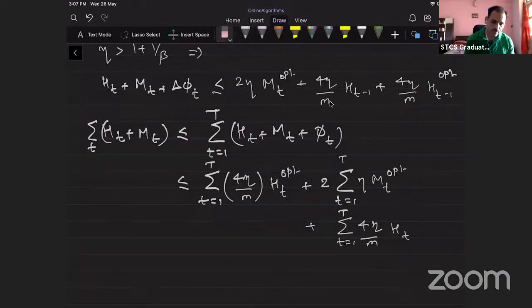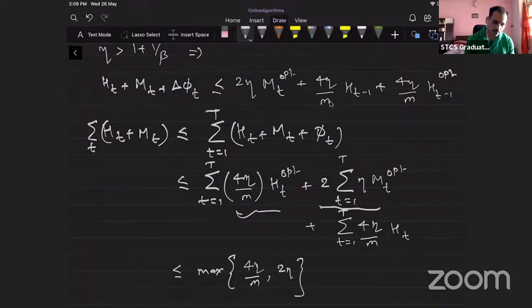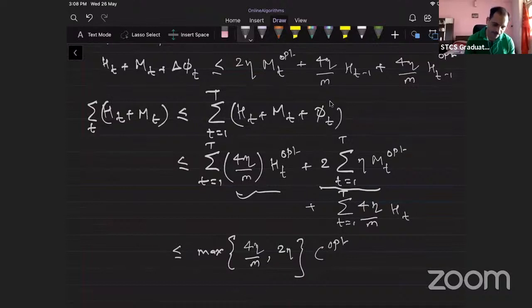So how much is this term plus this term? They are both OPT terms. So I can always say that this is at most max of 4 eta by m comma 2 eta, times C opt. Everybody is happy with that, I guess.